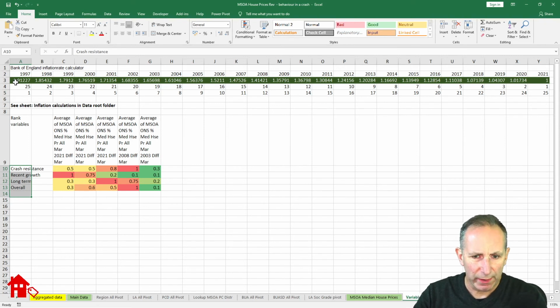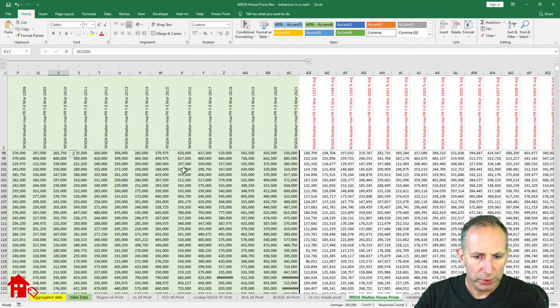And just to explain how that works, if, for example, you bought a house in 1997 for £100,000, it would be £191,000 today if that house kept exactly in line with inflation. So it's very helpful to inflation adjust property prices over time to understand whether they grew ahead of inflation or didn't.